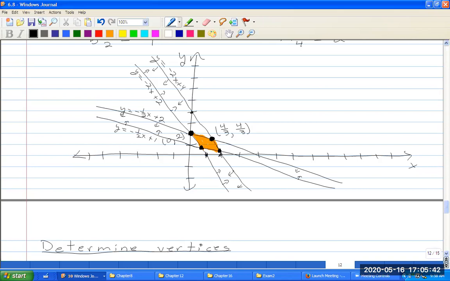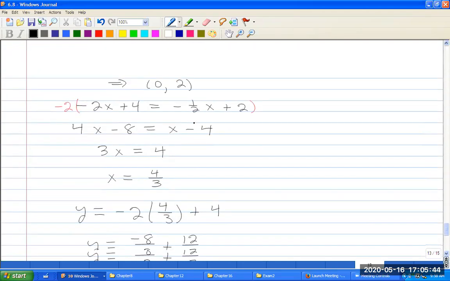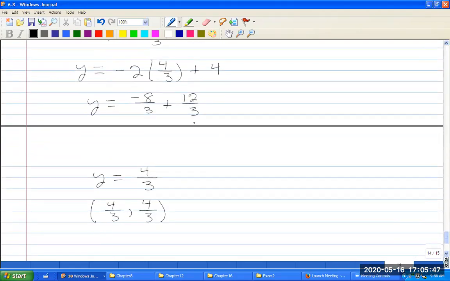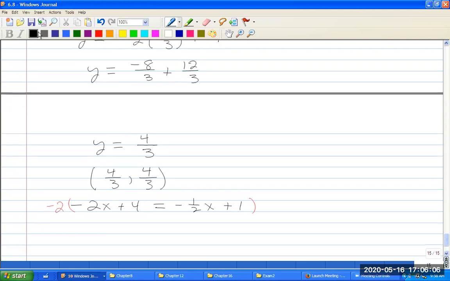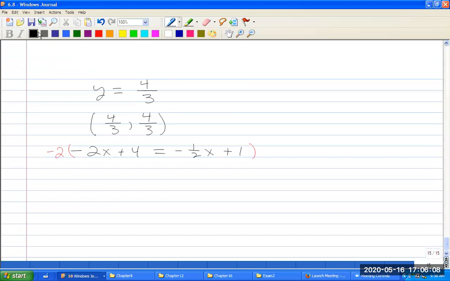Let's figure out maybe where this one is. When the minus 2x plus 4 is equal to the minus 1/2 x plus 1. Multiply by -2 to get rid of the negatives and the fractions. So I get 4x minus 8 is equal to x minus 2.